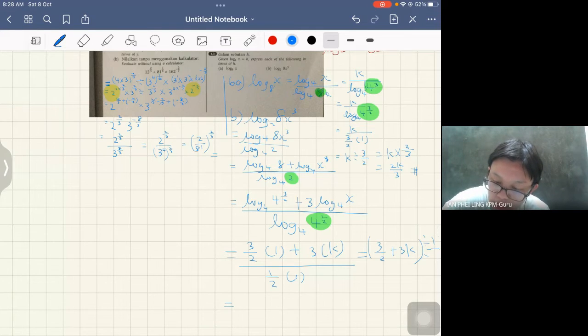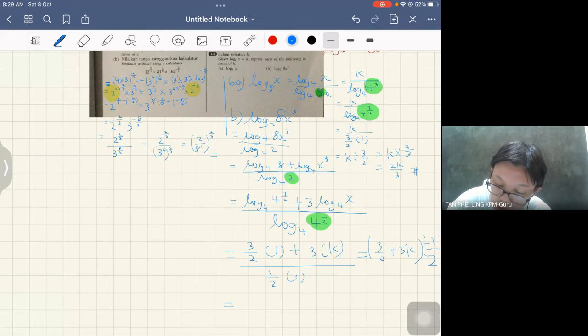Okay, divided by half here. So it's going to be 3 over 2 plus 3k. You need to simplify that. Because you divide by half means you times 2, right?